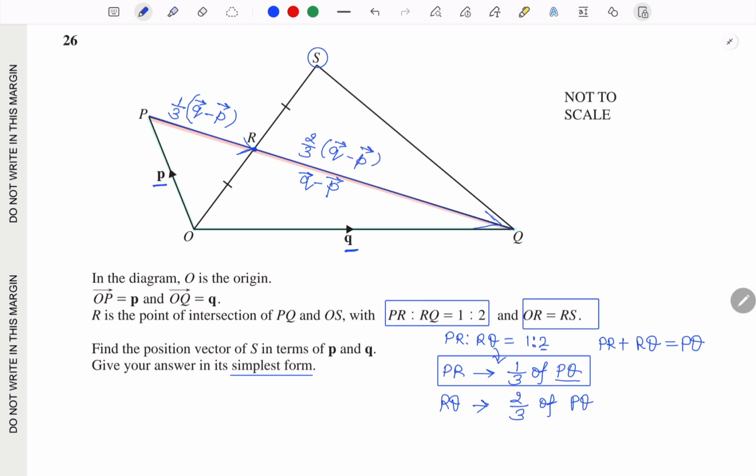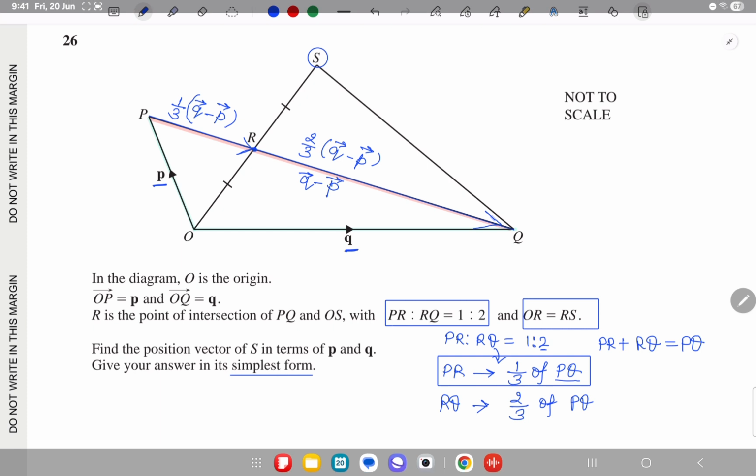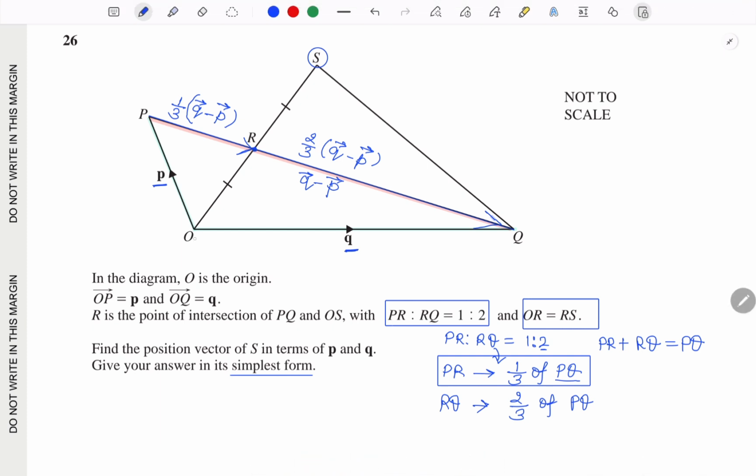Now, if I go to this triangle OPR, let's draw this triangle here. This is O, this one is P, and this one is R. I have this vector as P, and this one is 1 by 3 (Q vector minus P vector), right? So in this triangle, this OR vector is nothing but the resultant of these two vectors.